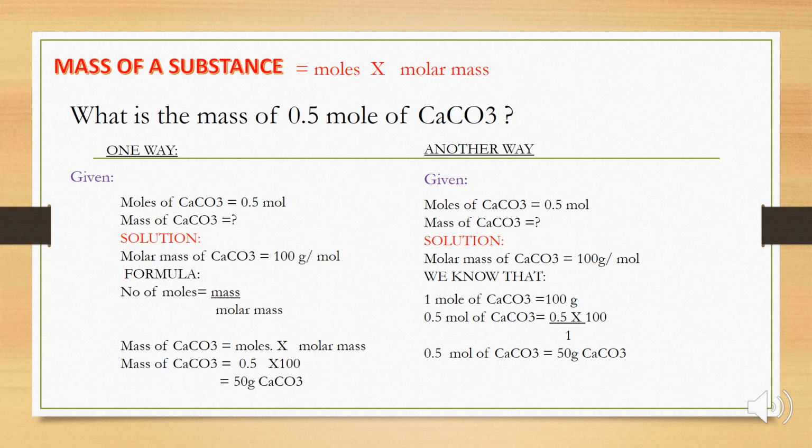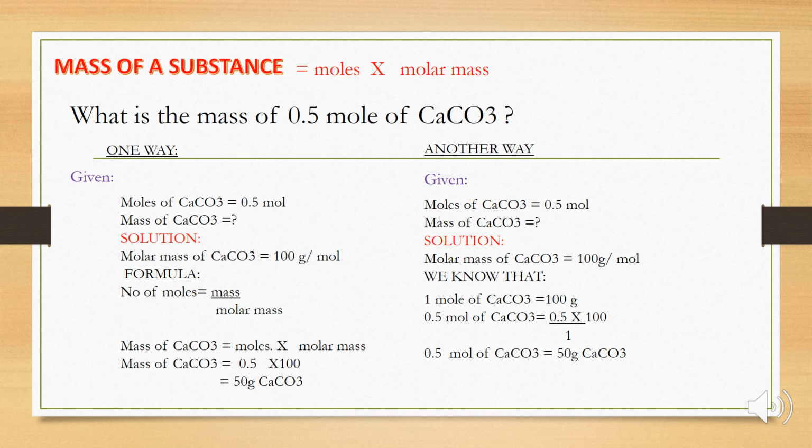Another way to find the mass of calcium carbonate is, first of all, we write down the given data, that is, moles of calcium carbonate is equal to 0.5 moles, and the mass of calcium carbonate we have to find. Solution: the molar mass of calcium carbonate is equal to 100 grams per mole. We know that 1 mole of calcium carbonate is equal to 100 grams.